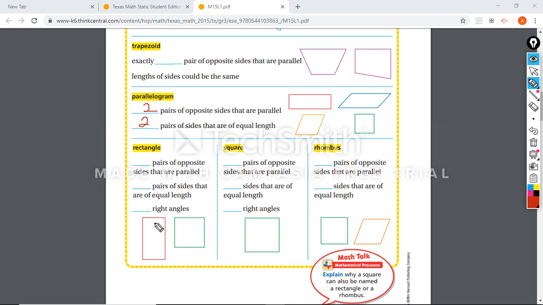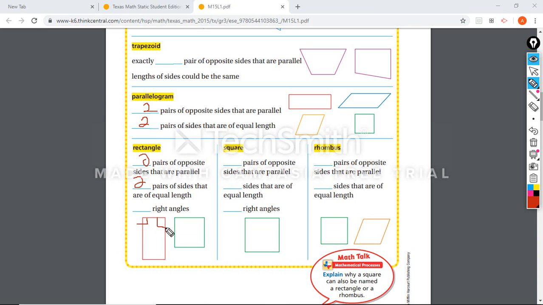A rectangle has how many pairs of opposite sides that are parallel? This is parallel to this one, and this one's parallel to this one. It has 2 pairs of parallel sides. How many pairs of sides are equal length? This one and this one, that's one pair. This one and this one, that's 2 pairs. And this is the key right here: how many right angles? You have 4.